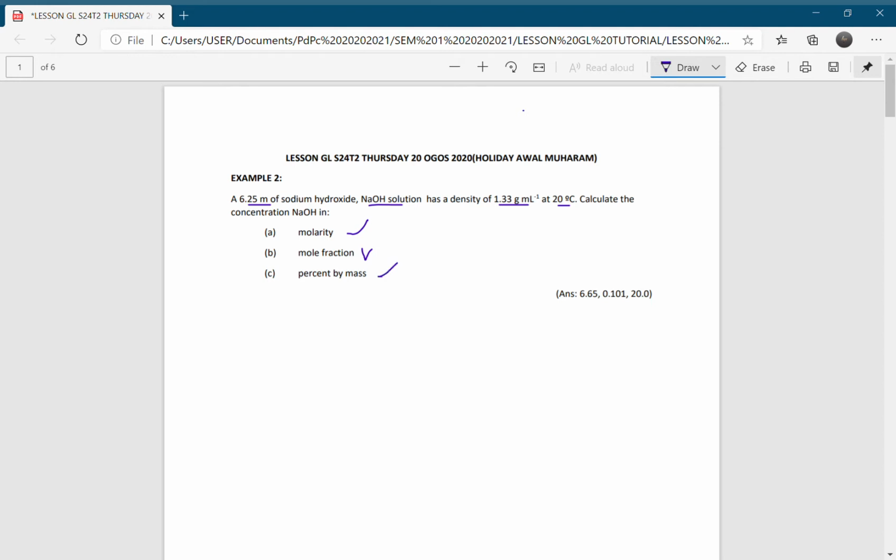So the first target question we can call molarity. We come to the first data, we just have 6.25 molal, or we can also write mole per kilogram.